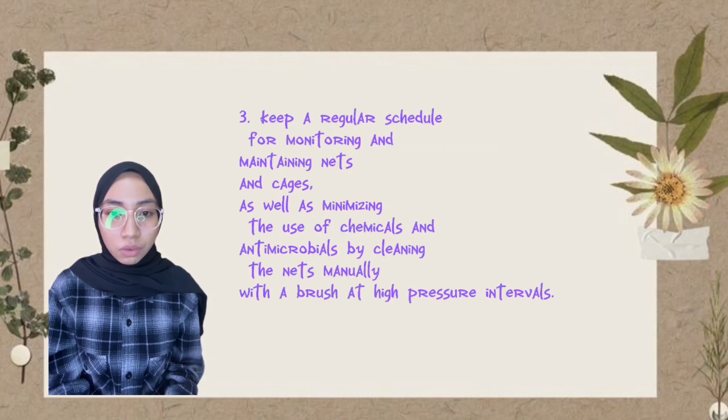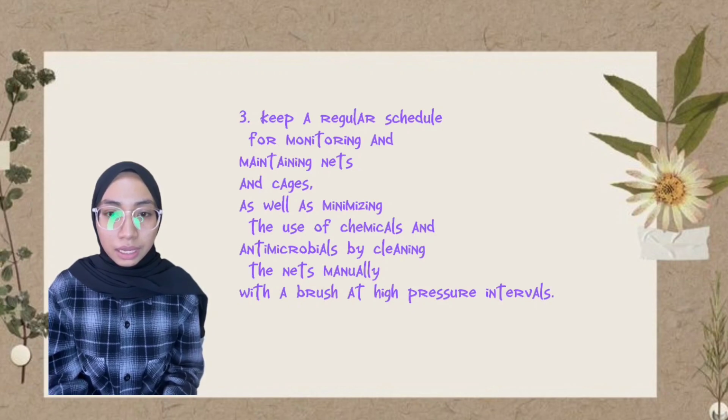Keep a regular schedule for monitoring and maintaining nets and cages, as well as minimizing the use of chemicals and antimicrobials by cleaning the nets manually with a brush at high pressure intervals.